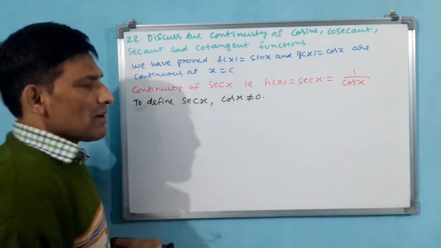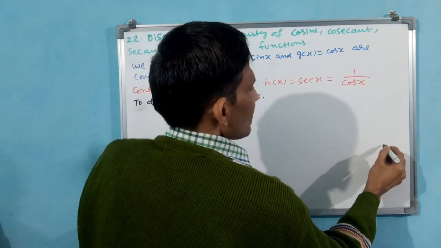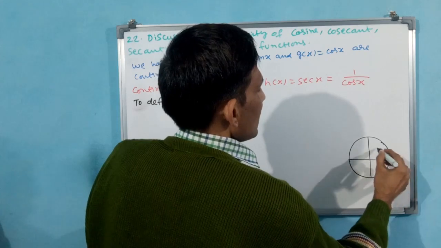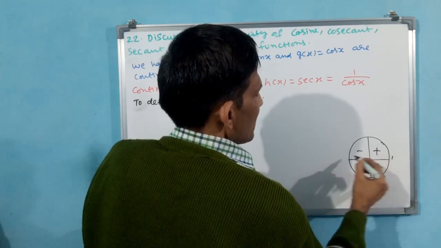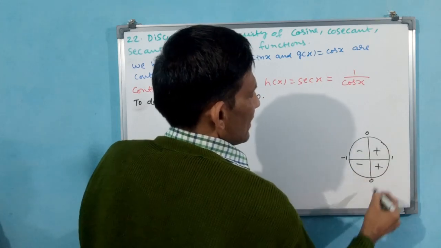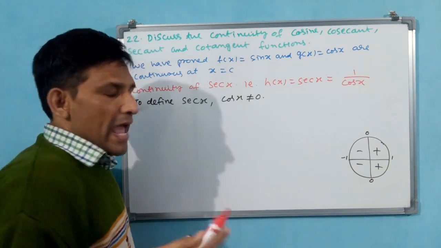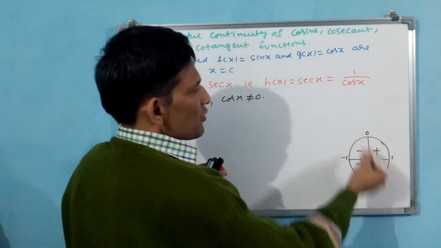Now again you go and draw the circle diagram for cos x. Here 1, here minus 1, here 0 will come. These are values, but I am now writing angles. In these two areas we should not give 0.